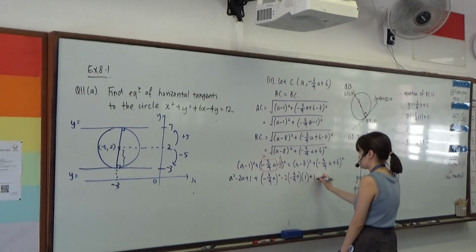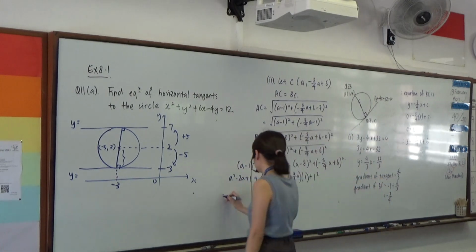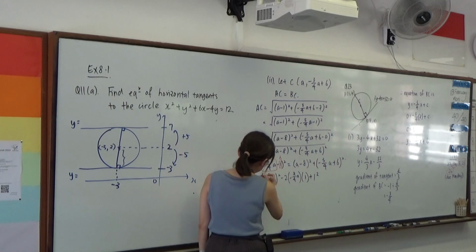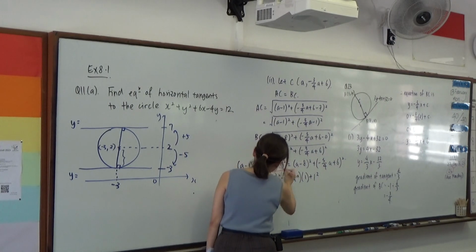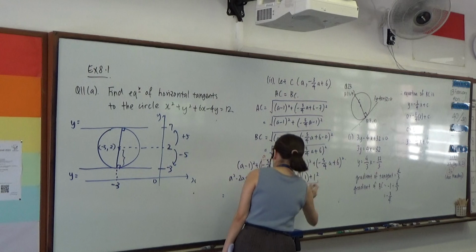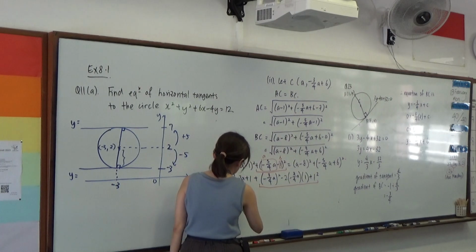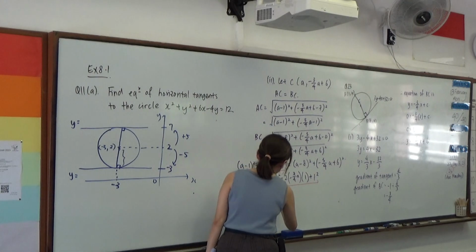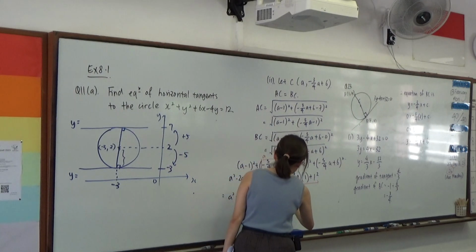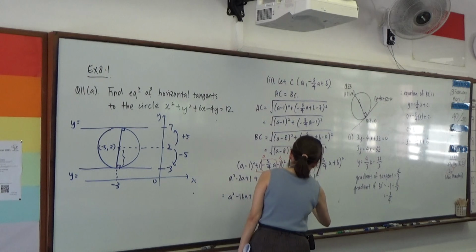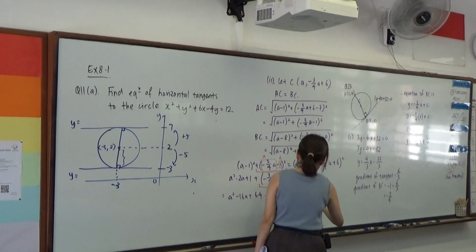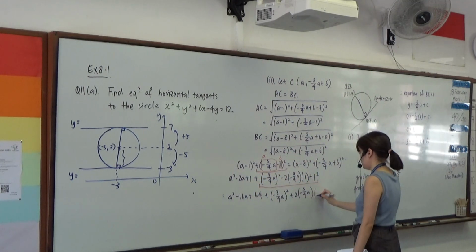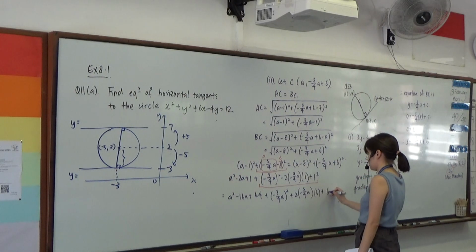Then plus 1 square. Same goes to the other one. AB plus 6 square.